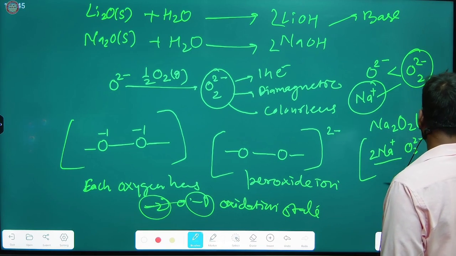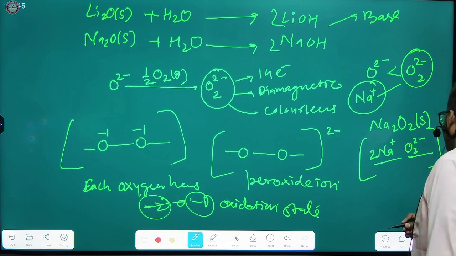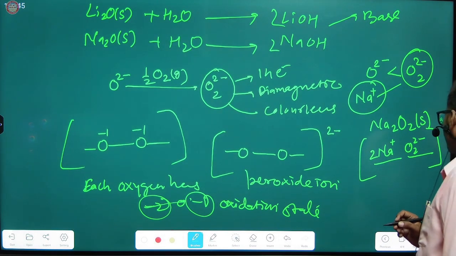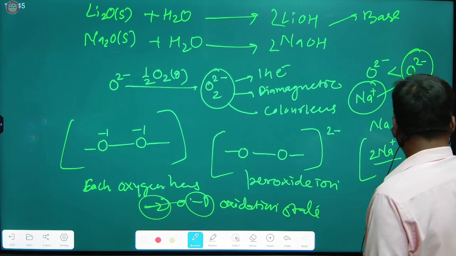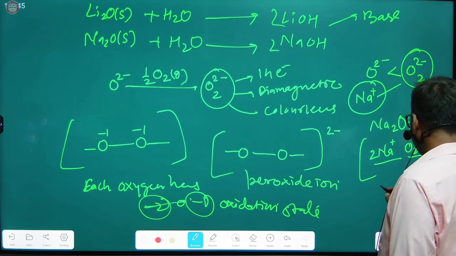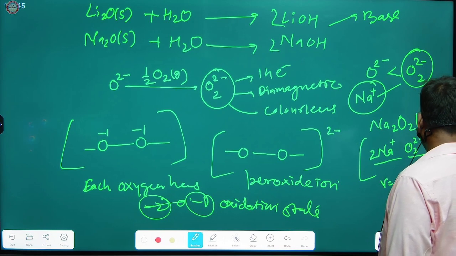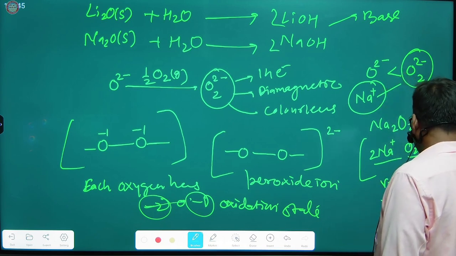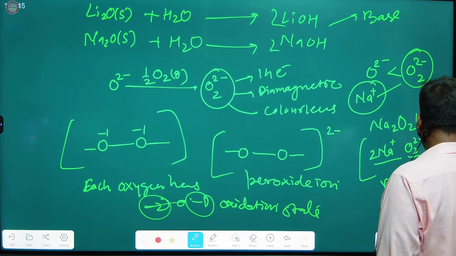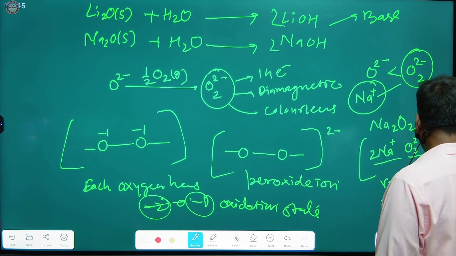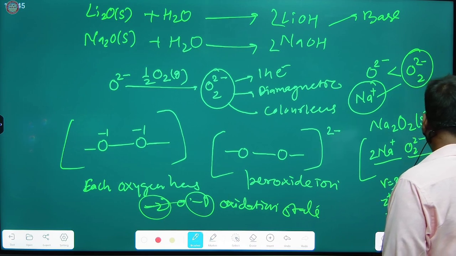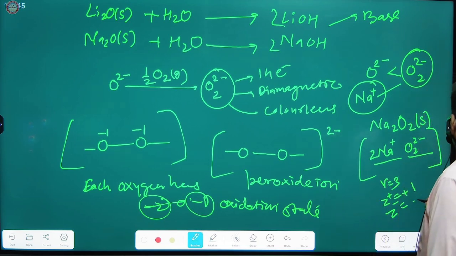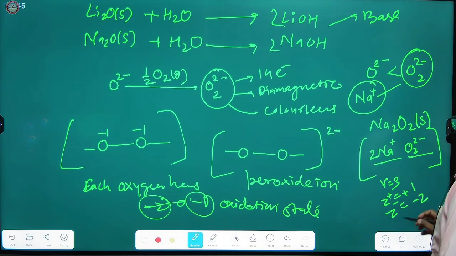The total number of ions in the unit formula is again 3, that is nu equals 3. The charges are Z plus equals plus 1 and Z minus equals minus 2, so the product of charges is 2 and the number of ions is 3.